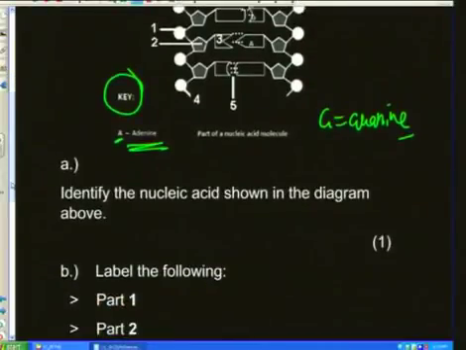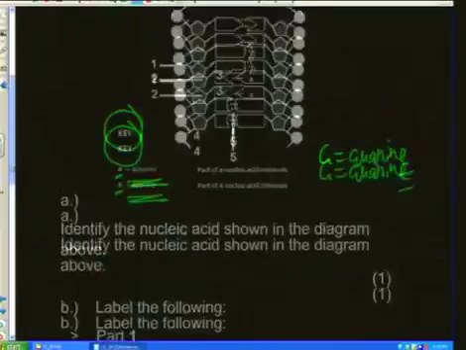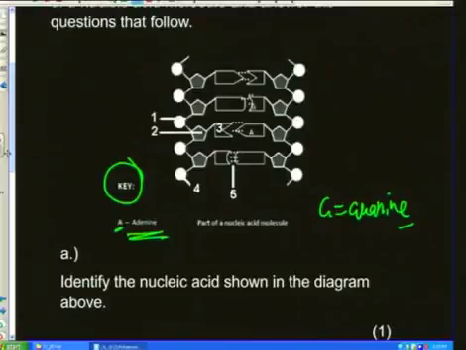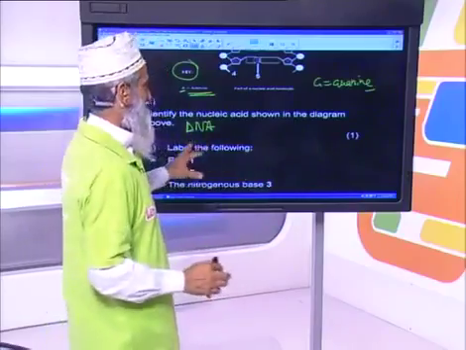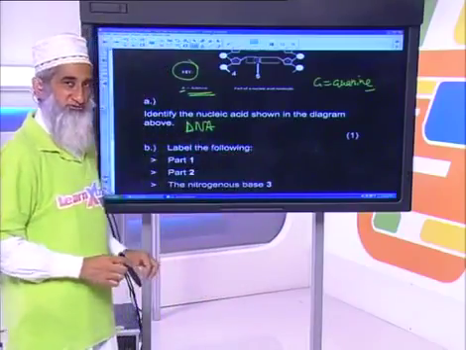First of all, they say identify the nucleic acid shown in the diagram above. We've just done this work, so this has to be DNA. Remember, you don't have to write out in full deoxyribonucleic acid. DNA is an accepted abbreviation.